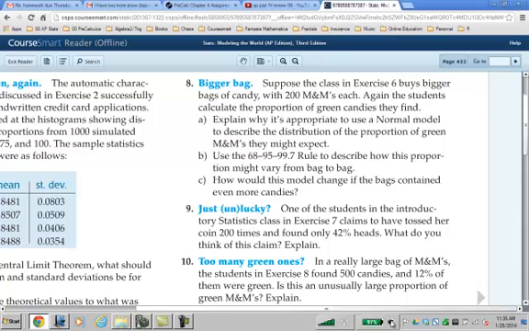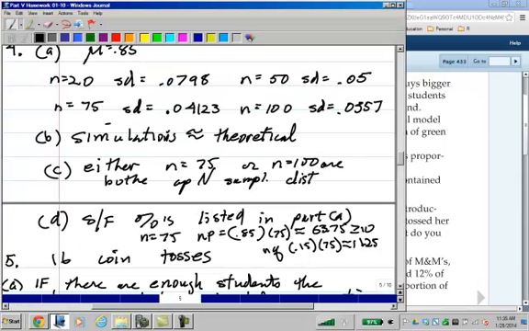And then we talked about NP and NQ. Then they use the 68, 95, 99.7 rule to describe how the proportion may vary from bag to bag. Let's look at the answer for 8 that I worked out.